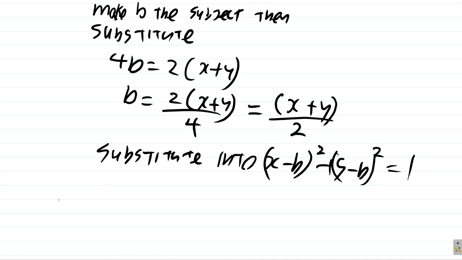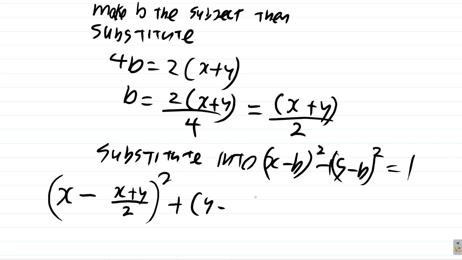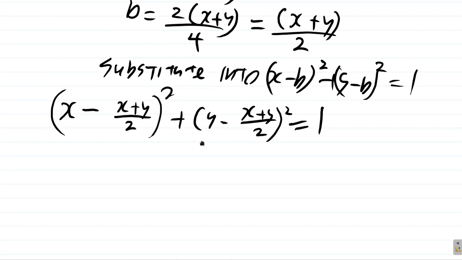So when you do that, what we have is (x minus (x plus y) over 2) all squared, plus (y minus (x plus y) over 2) all squared, is equal to 1. Alright? It's going to be cumbersome if we square it as it is. So we see if we can simplify what is inside the bracket.